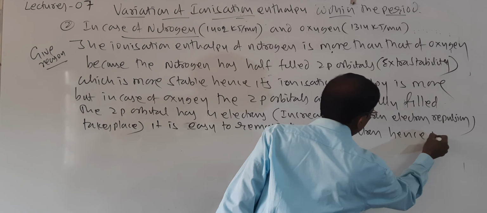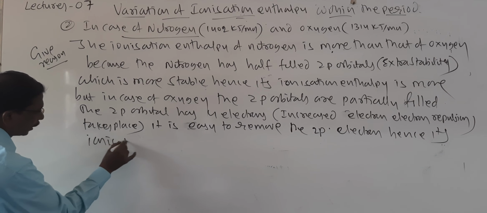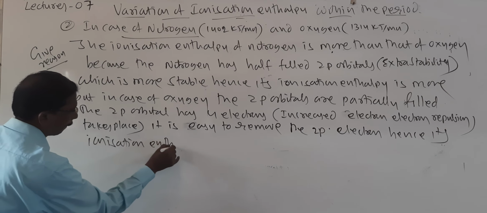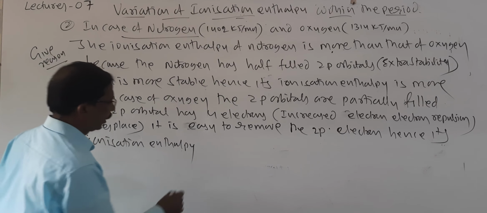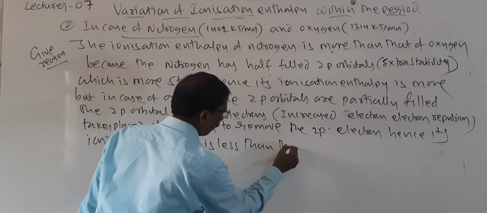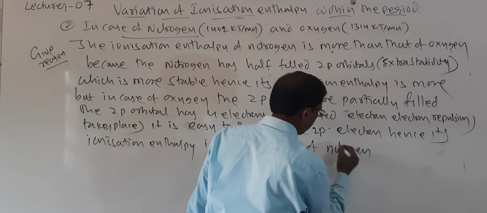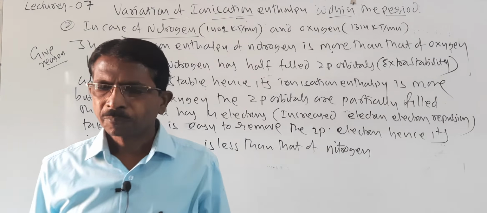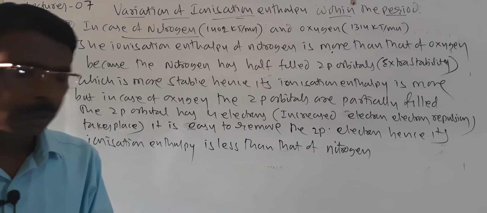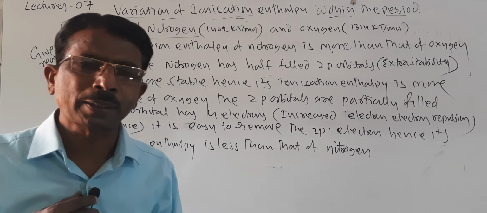Hence, its ionization enthalpy is less than that of nitrogen. So, students, it is about this ionization enthalpy, and then in our next class we will discuss the further. So, thank you.